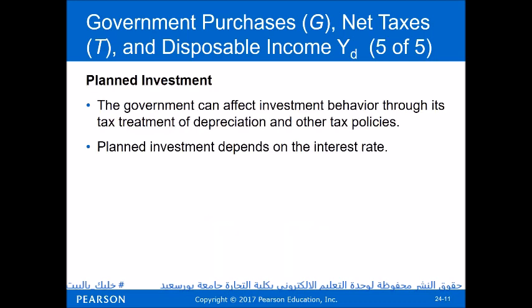Planned investment. You should know that the government can affect investment decisions made by businesses through its tax treatment of depreciation and other tax policies. Also, note that planned investment, as we saw before, depends on the interest rate.